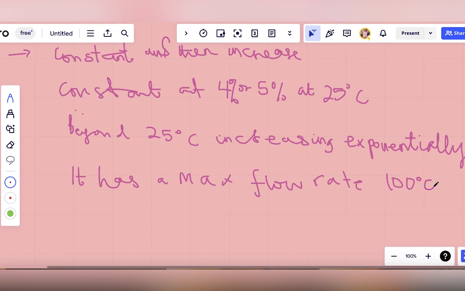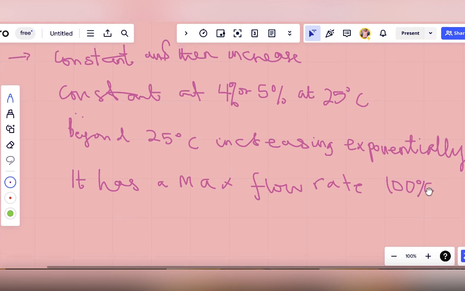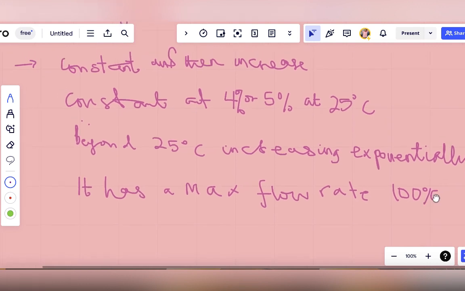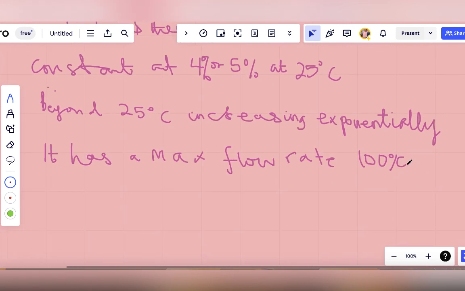It has a maximum flow rate at 100. Sorry, 100%, not 100 degrees Celsius. The flow value is 100. Maximum flow rate at 100%.